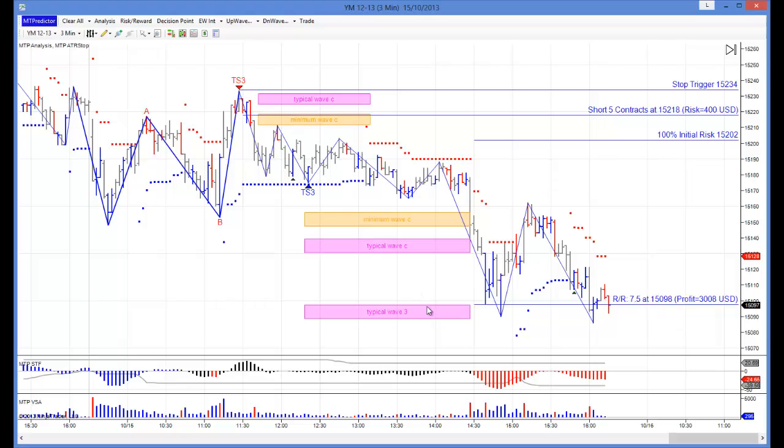So this particular trade setup here has the largest profit potential for the smallest initial risk. That's why it's called the Holy Grail. So you can go to the website and do a bit of background reading on that as well.